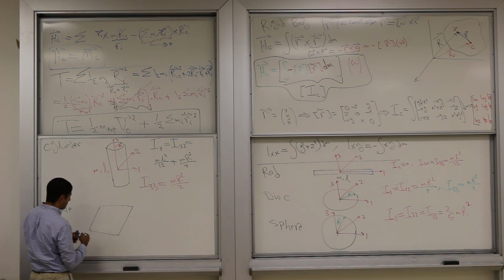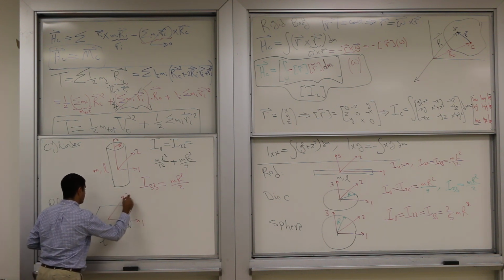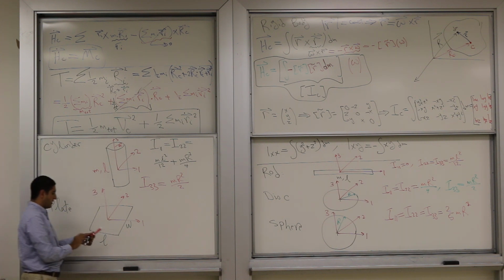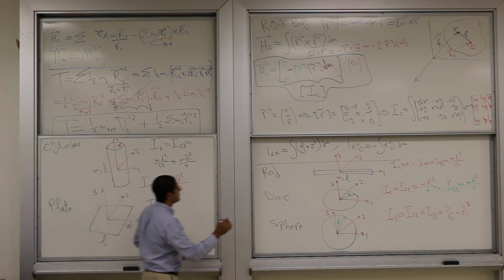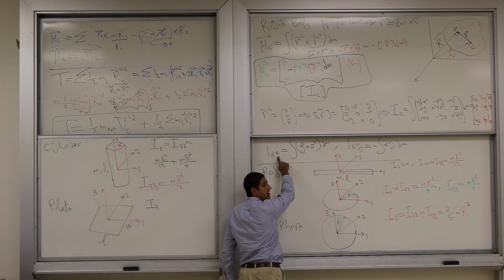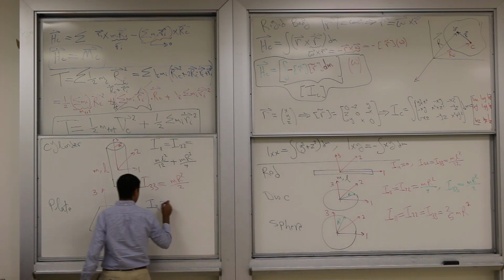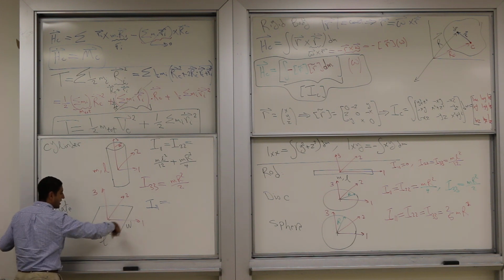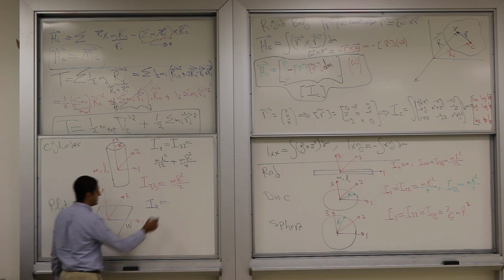So this is probably L, W, again, 1, 2, and 3. Remember the definitions. Ixx is the square of the other dimensions, the perpendicular dimensions. So the perpendicular dimensions to the axis 1 are the W and the thickness, but the thickness is negligible.